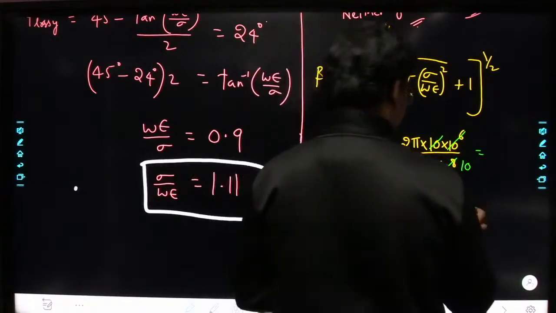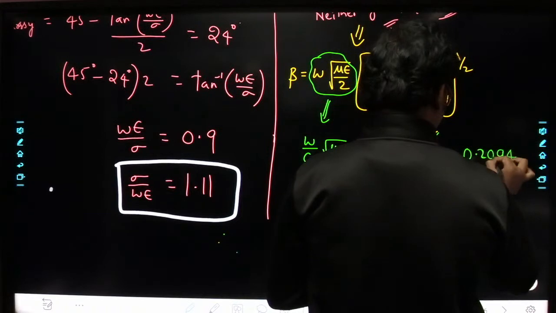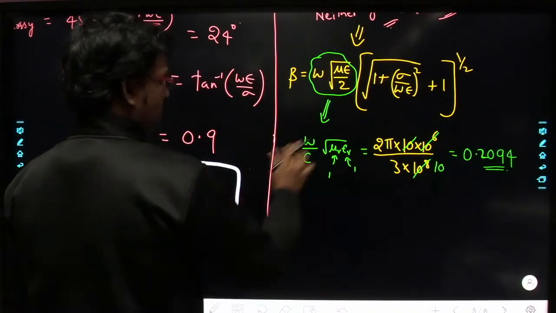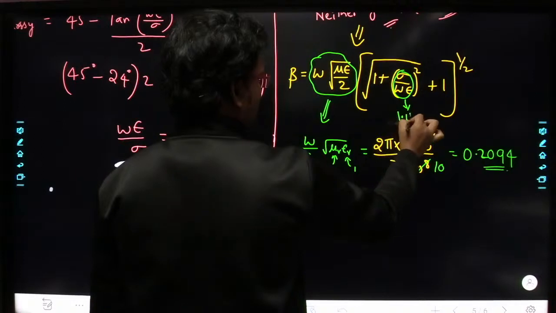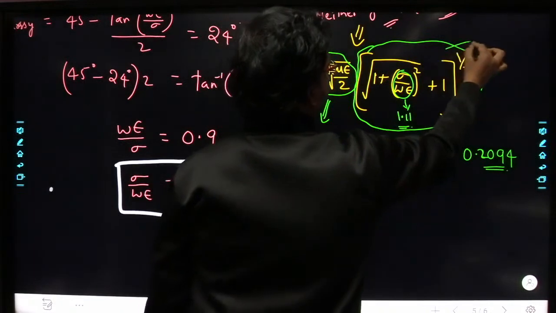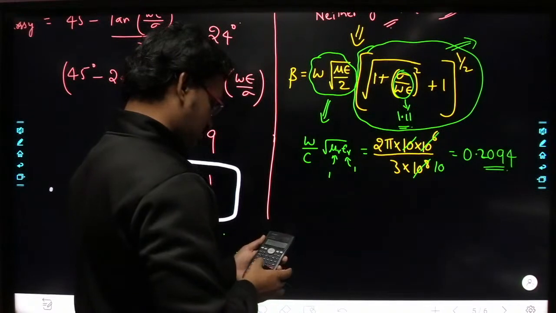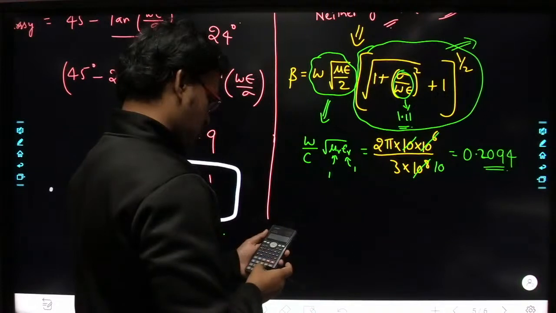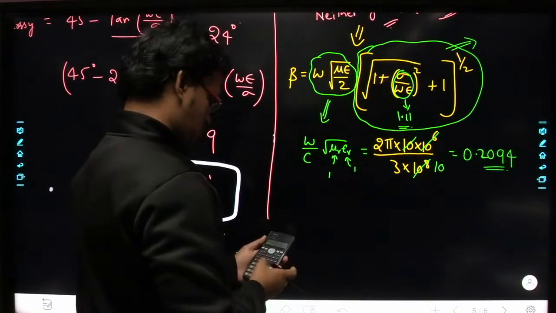This value is 0.2094. Next, calculate the term with sigma by omega epsilon, which is 1.11. Substitute 1.11 here: 1.11 square plus 1 under root, again plus 1, again under root.